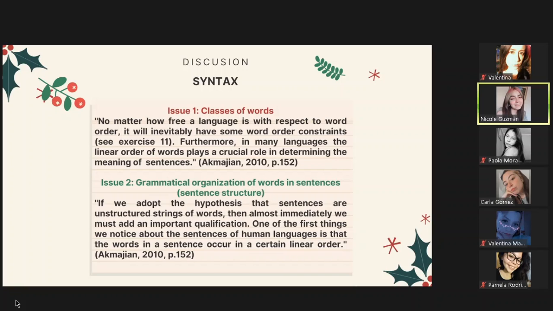As well, the second issue is the grammatical organization of words in sentences, that is, the sentence structure. One of the first things we notice about the sentences of human languages is that the words in a sentence occur in a certain linear order.